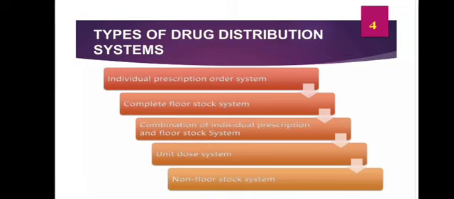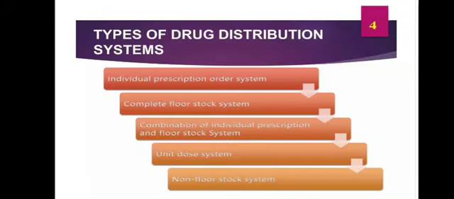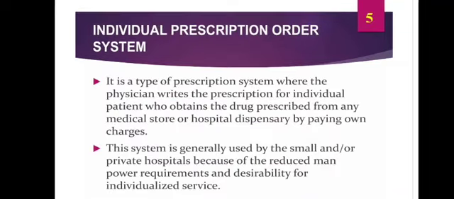There are five types: individual prescription order system, complete floor stock system, combination of individual prescription and floor stock system, unit dose system, and non-floor stock systems.